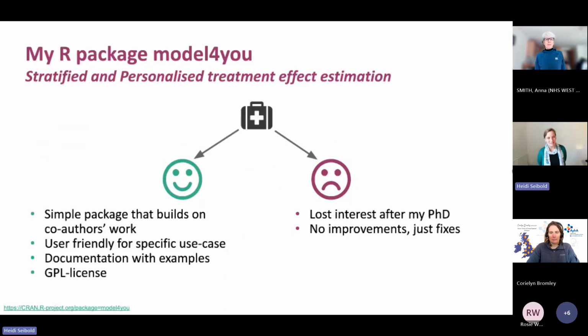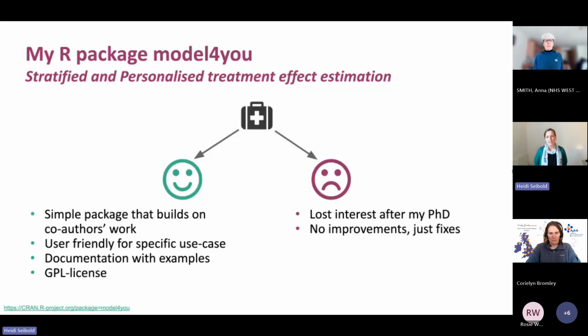Yeah, so let's talk about an example. That's my R package called Model for You. It's an R package for stratified and personalized treatment effect estimation. I developed that as part of my PhD. And the special thing about the package is that it doesn't implement anything new, actually.